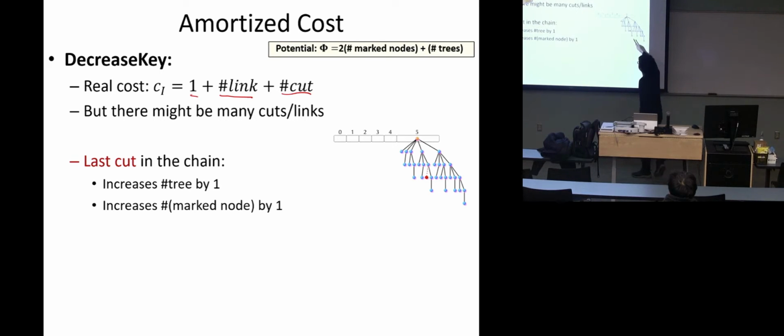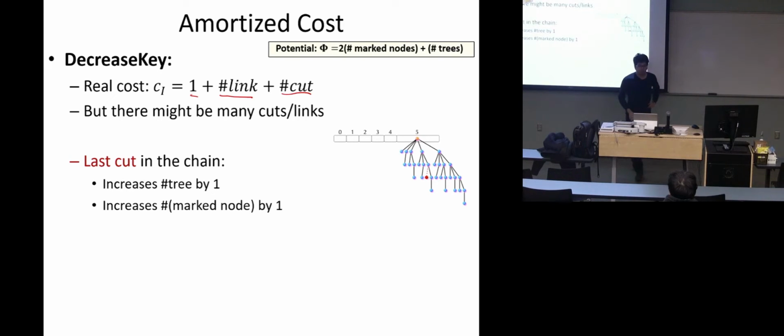Suppose this is the last cut, that is, I just delete it and mark my parent and I'm done. If this is the case, then what happened? The number of trees increased by 1 because I cut and put it into my collection. But also, now the number of marked nodes increased by 1.